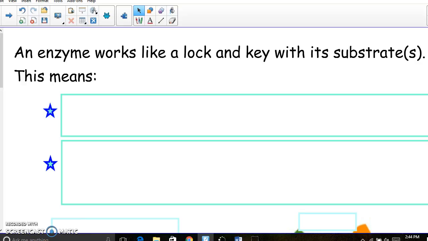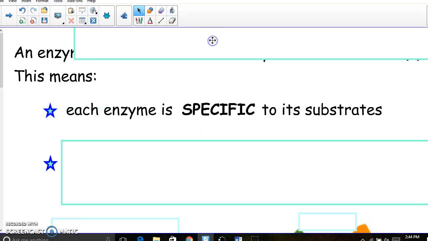And this in enzymes is very true since enzymes work like a lock and a key. This is the classic analogy. This means that each enzyme is specific to its substrates. Each enzyme only has specific substrates that can fit and bind to it.